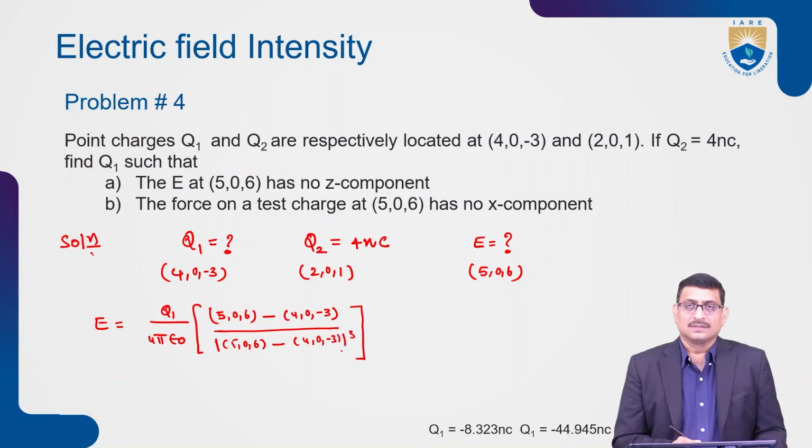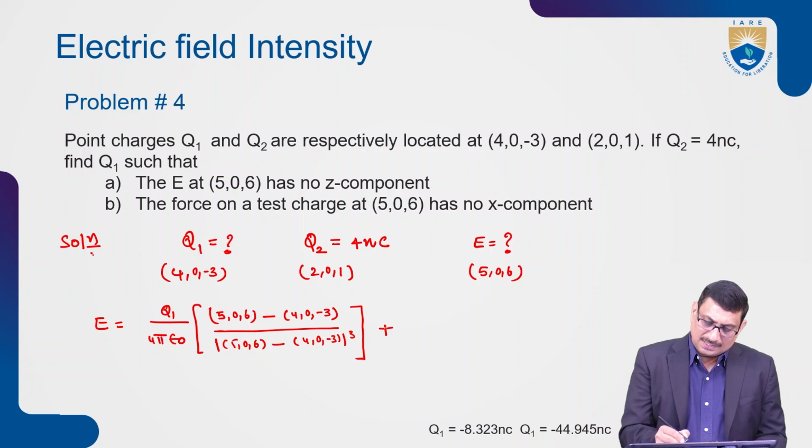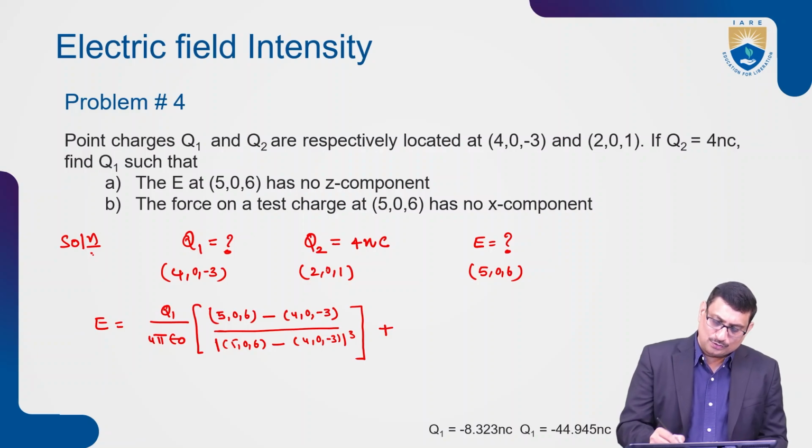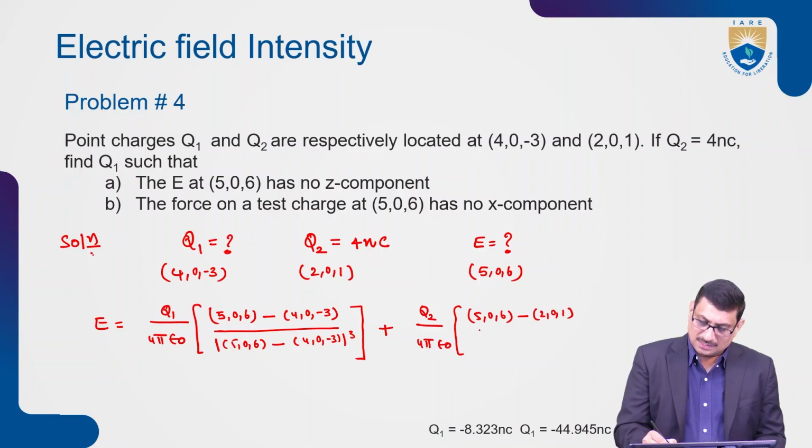This is the field at 5, 0, 6 due to Q1, plus the field at this point due to Q2: Q2 divided by 4 pi epsilon naught into (5, 0, 6 minus 2, 0, 1) divided by magnitude of (5, 0, 6 minus 2, 0, 1) whole cube.